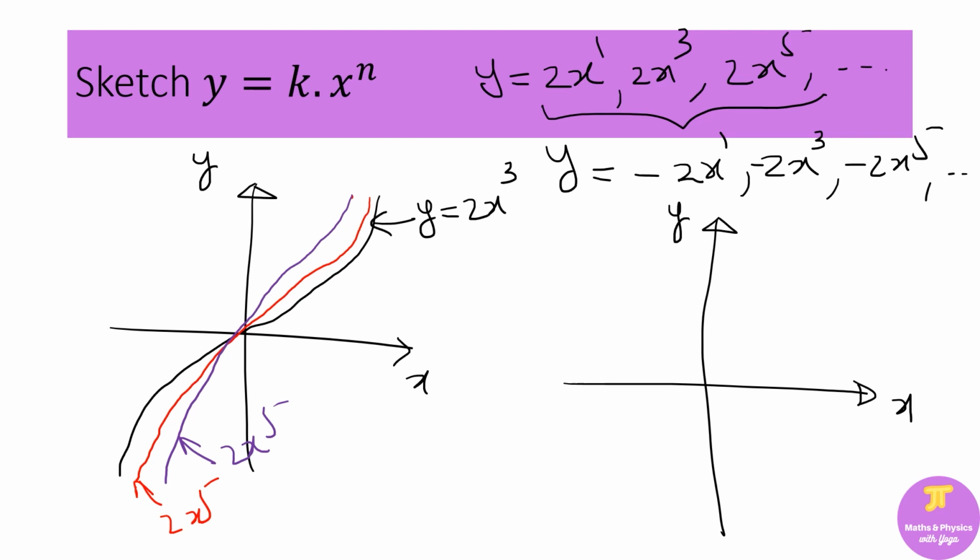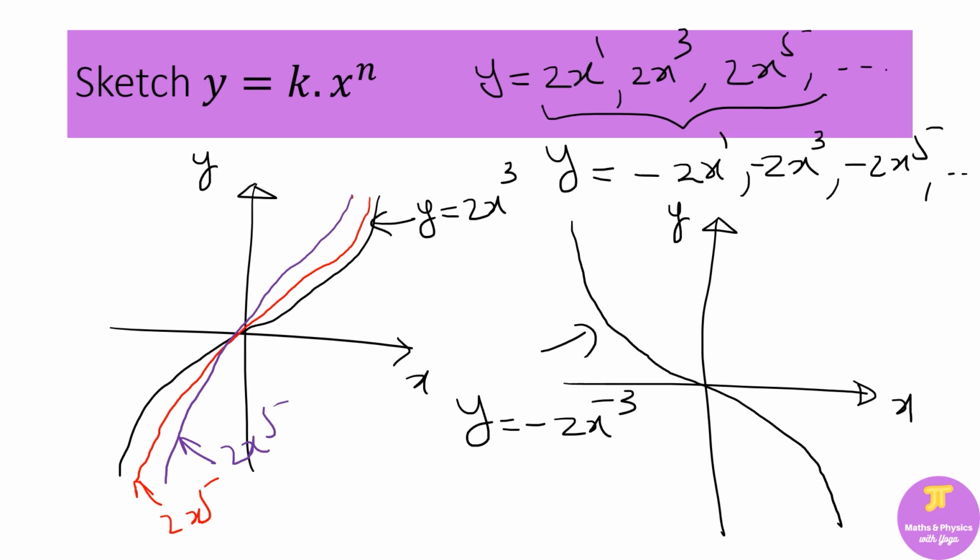It will be flipped, right? So these are y equals minus 2x, minus 2x cubed, and even if we draw minus 2x to the power 5, say, as long as the powers are odd numbers, they will take a shape something similar to this one.